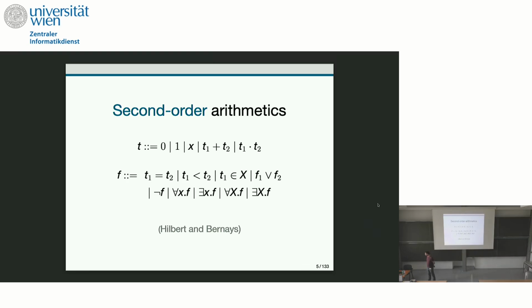And it could be quite questionable to use second-order arithmetic to capture all mathematics, while we have a more obvious choice, which would be set theory, the language of set theory. But actually, it works. The work of Hilbert and Bernays showed that second-order arithmetic is sufficiently strong to express a lot of statements, modulo coding, naturally.